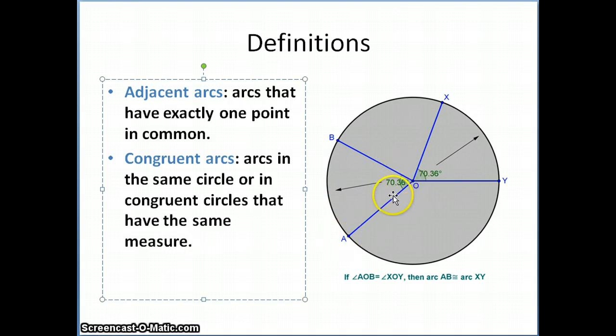It's also 70.36 degrees. So these two central angles have the same measure. So the corresponding arcs, XY and AB, we say they are congruent arcs. From a picture, it's very easy to understand the definition. So for now, if we want to compare the arcs, we only need to compare the central angles.